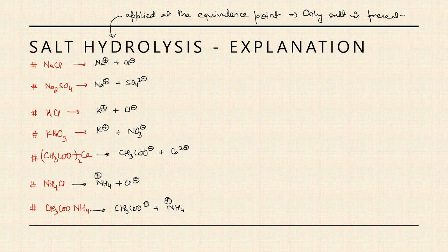Now इस salt को बनाने के लिए, can I say to create this salt Na plus must have come from NaOH and Cl minus must have come from HCl. It must have come from a strong base, this must have come from a strong acid.